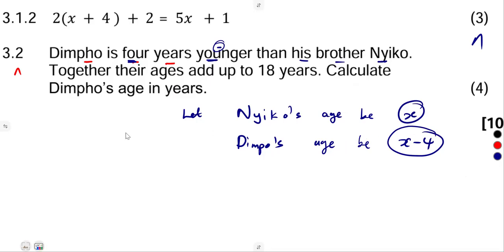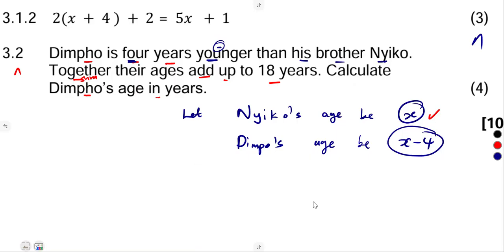So when we have got this, they are saying together their age add up to 18 years. Calculate Dimpo's age in years. So we can form a statement from that. Together, sum, add everything.